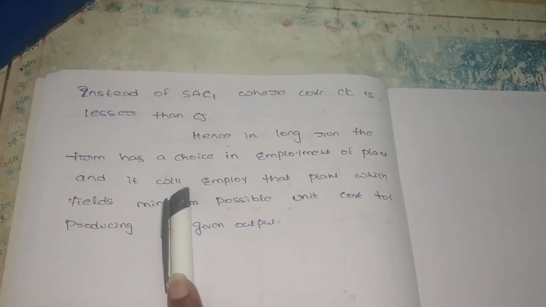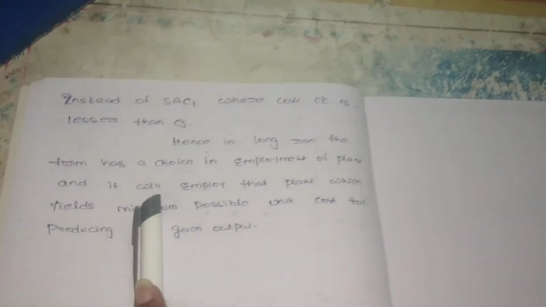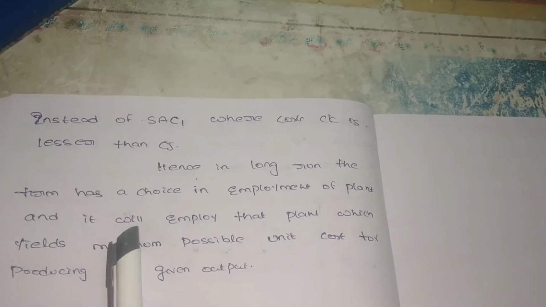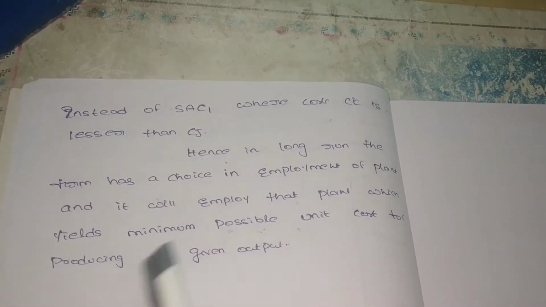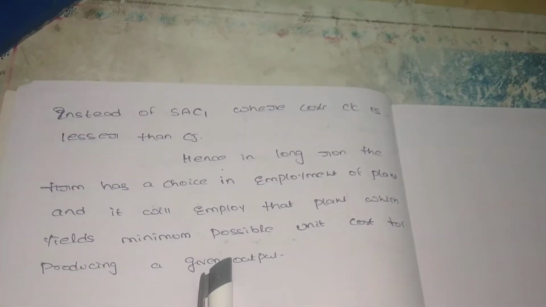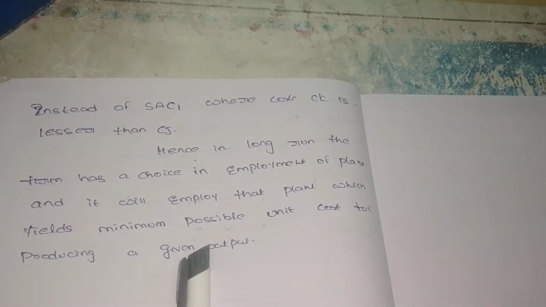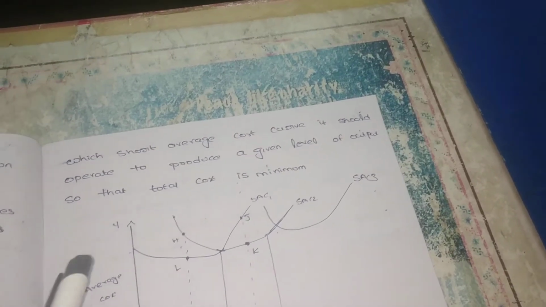In the short run, any change in output is only through changes in variable inputs, but in the long run there is a choice in employment of plant, and the producer will employ the plant which gives minimum cost. In our graph, the first short run average cost curve gives minimum cost, so the producer will go for SAC1.